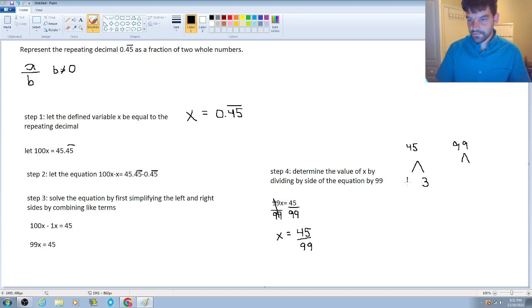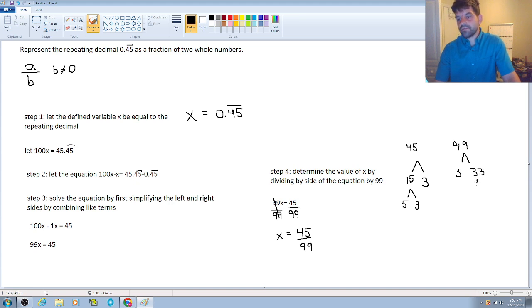So 3 times 15 is 45, and then I can break it up a little further. 3 times 5 is 15. So now I have 45 broken down into its prime factors. And then 99 will be 3 times 33.